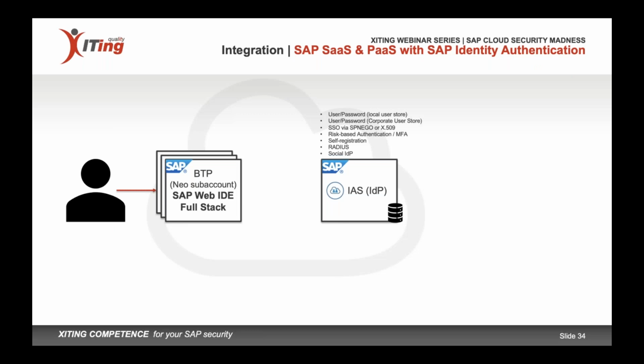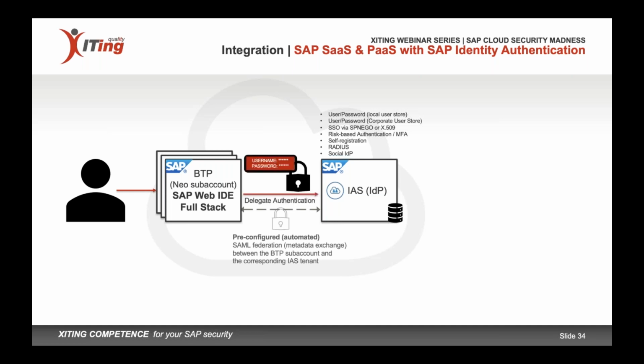So we have a user, we have the Web IDE as a cloud application, and we have our SAP Identity Authentication Service tenant. So in the best case, the business technology platform is connected to the IAS, so it trusts and uses the IAS as a primary identity provider.